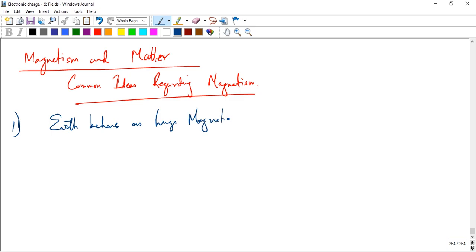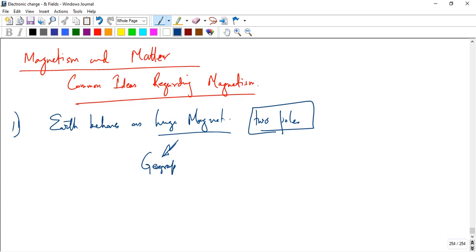If earth behaves as a huge magnet, obviously there is a magnetic field, and there are two poles, one is the north pole, the other is the south pole. The south pole in the case of earth is called geographic south.